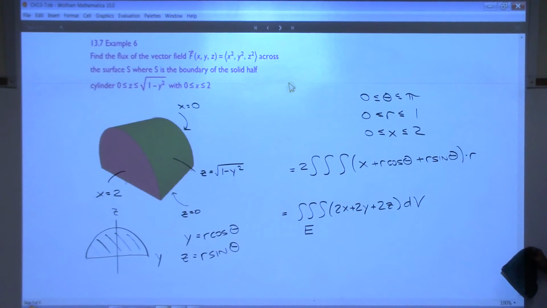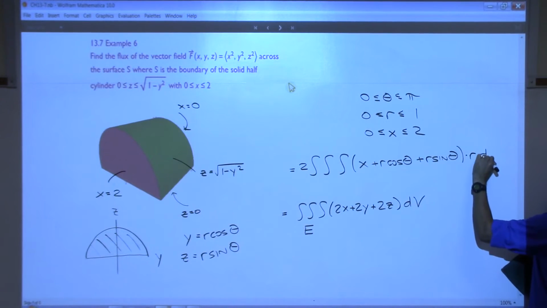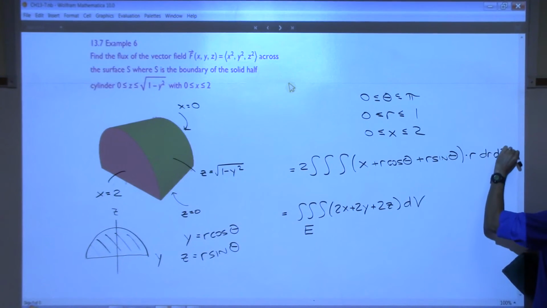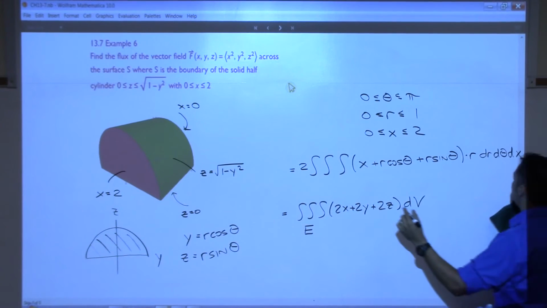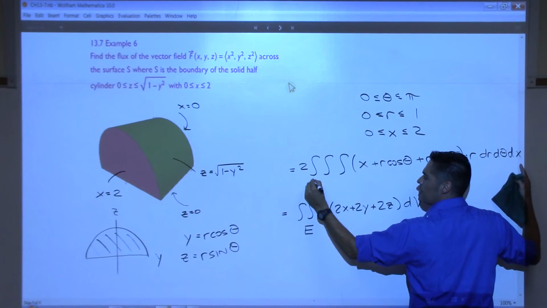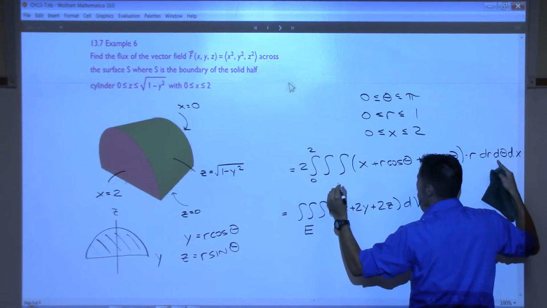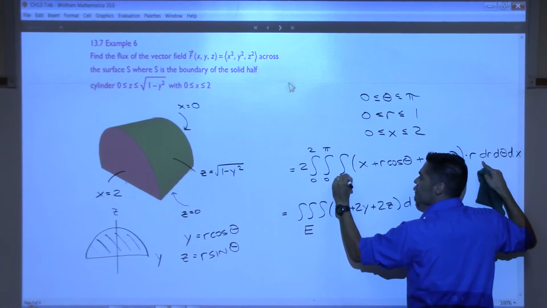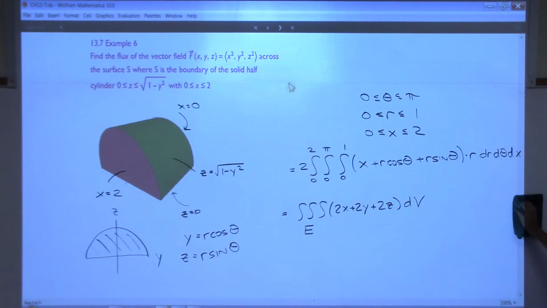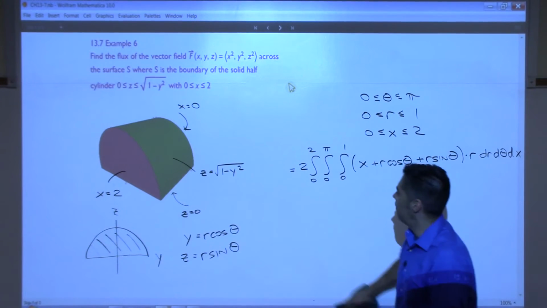I can go in any order I want. I'm just going to go dr, d theta, dx. And then I'll put my limits. I'll start from the outside in. X goes from 0 to 2. Theta goes from 0 to pi. And r goes from 0 to 1. Good? I'm going to take this all the way.